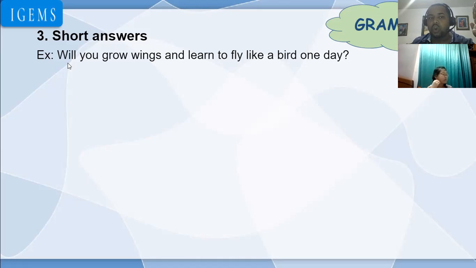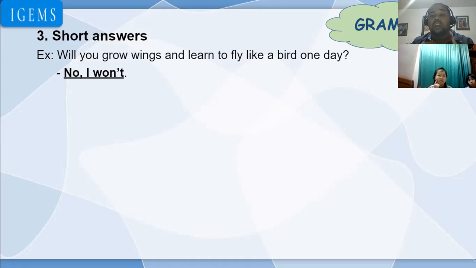For example, will you grow wings and learn to fly like a bird one day? So there you have this question. No, I will not. If you are going to give a short answer, you're only going to say, no, I won't, if it's negative.